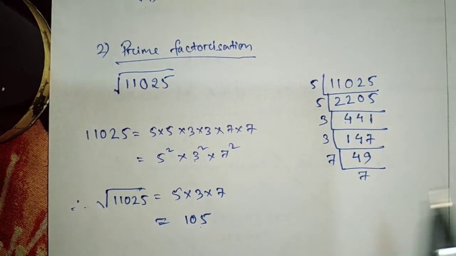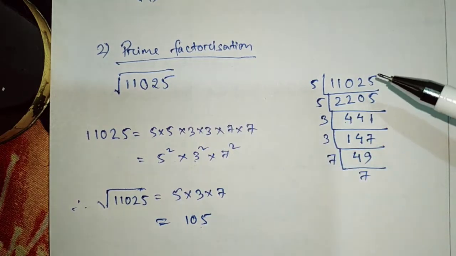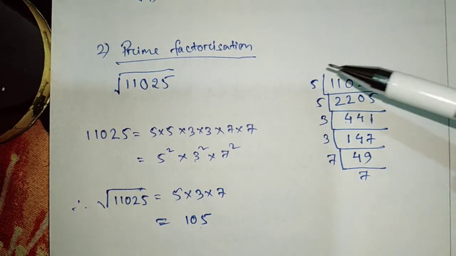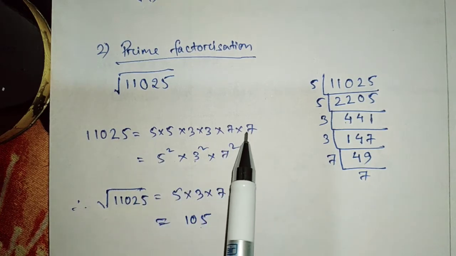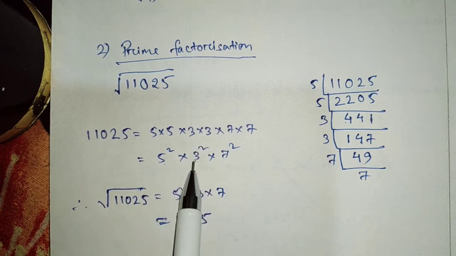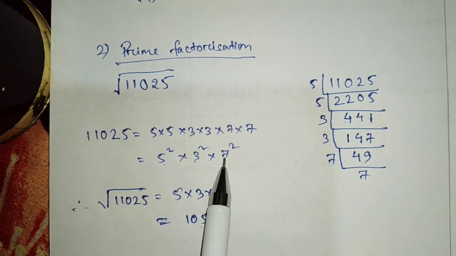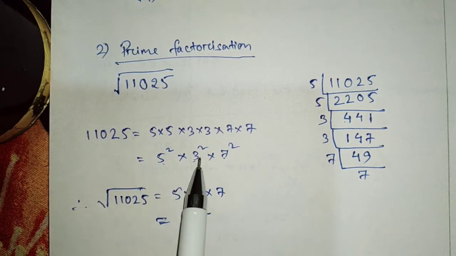So this is our prime factorization method, where we first take the number and prime factorize it. Once we get the prime factors, we write it in this form: 5 into 5 means 5 square, 3 into 3 means 3 square, 7 into 7 means 7 square. Then we just take the root as 5 into 3 into 7.